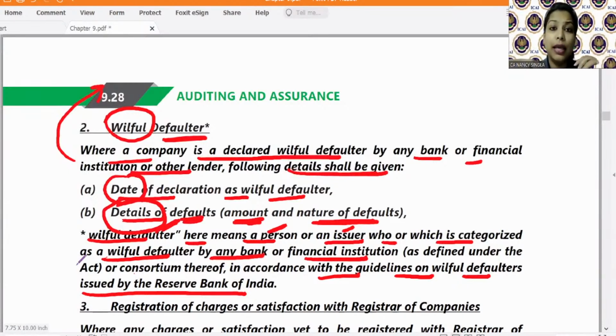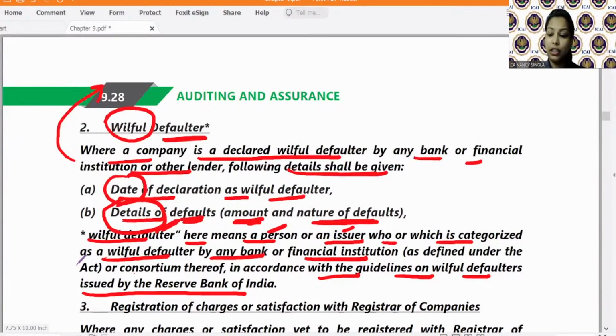Management cannot just default in repayment or in the payment of any of the obligations with respect to loans and borrowings. If there is a default in repayment or payment of interest, then they will have to declare themselves that, look, we have been declared willful defaulters, which is going to have an impact on the public image of the company. The shareholders are now going to take a more informed decision on whether to further invest in this company or not. So Khojima, I hope this doubt is clear.